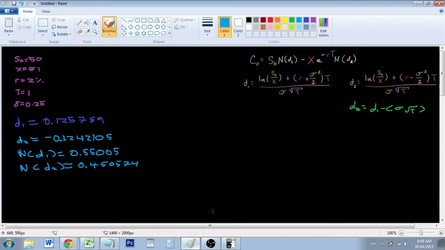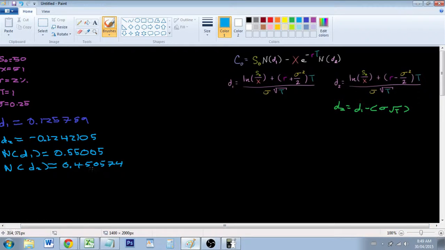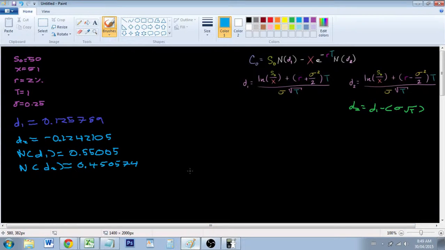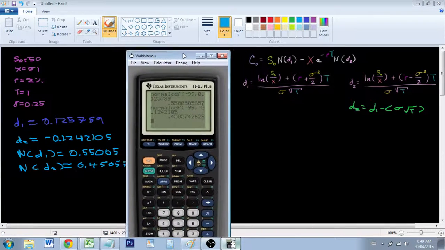Alright, so you can calculate that. You stick in your N(d1) and N(d2), and you can calculate the price of a call. I guess we could do that now, see if you get the same numbers I've got here.